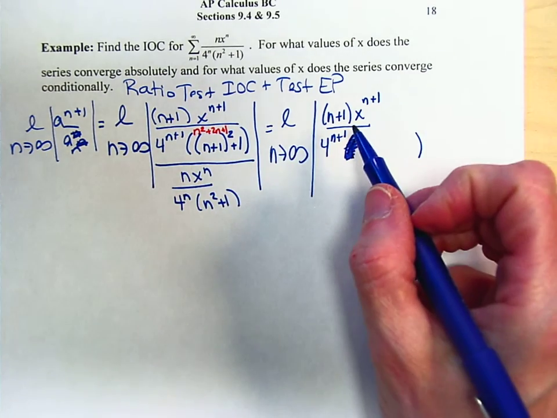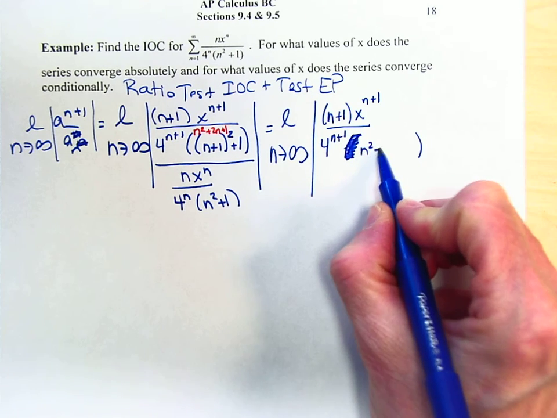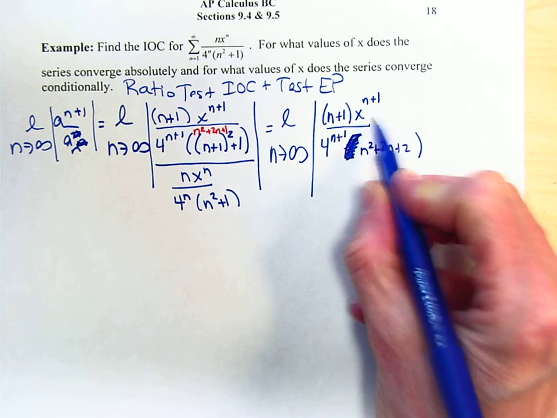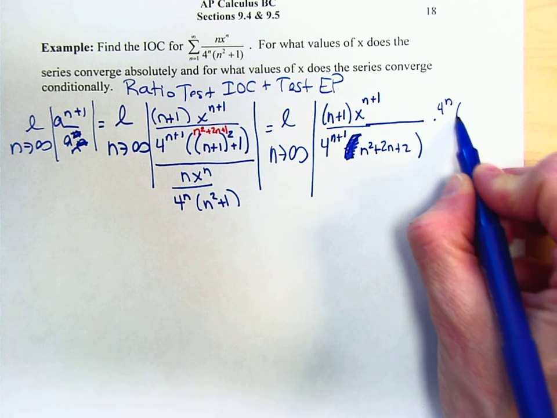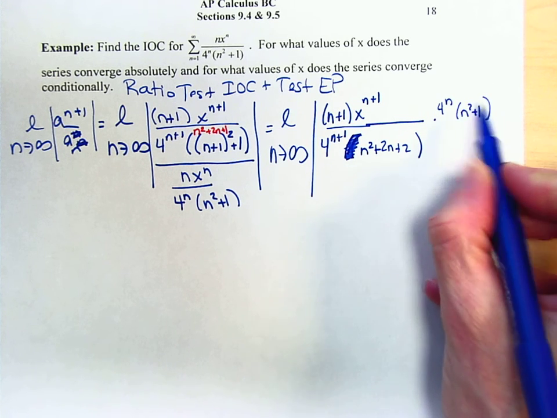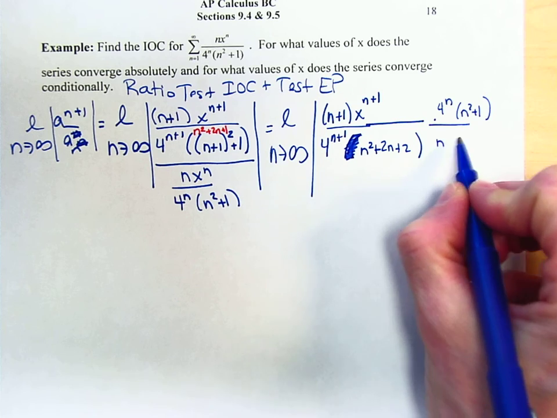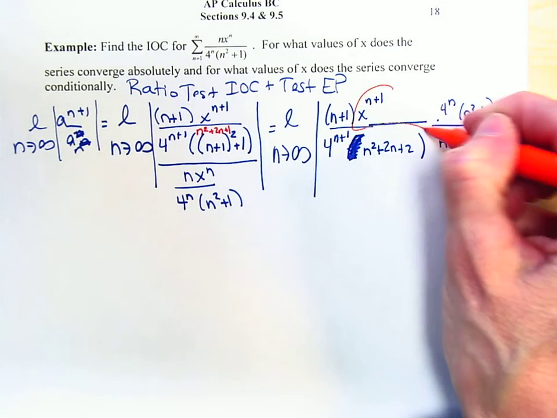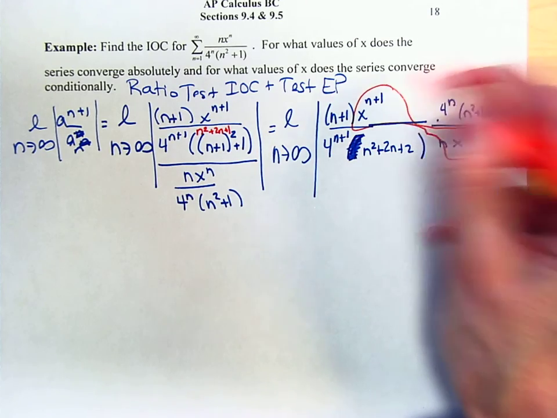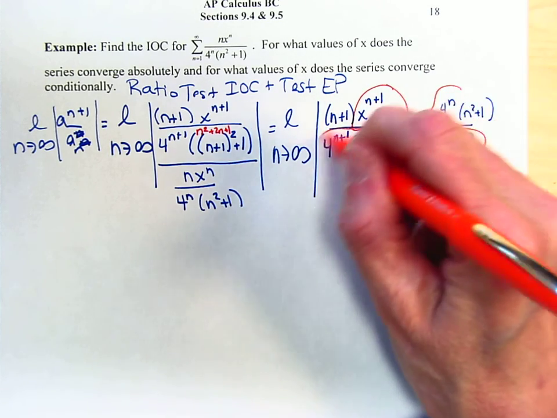So we can simplify that to be n squared plus 2n plus 2. We're going to flip the guy, so we have 4 to the n, n squared plus 1, divided by n x to the n. So we have a lot of simplifying we can do here with our rules of exponents.